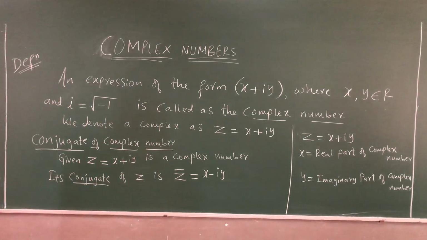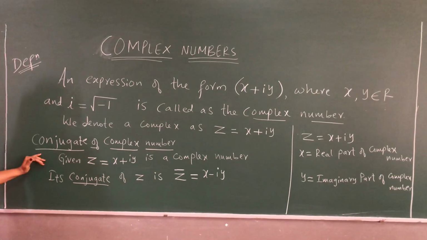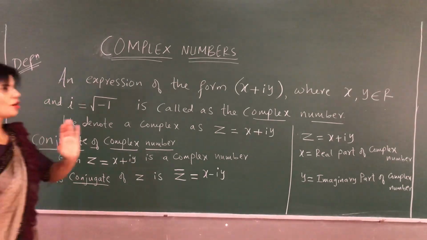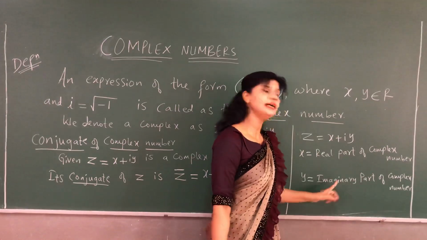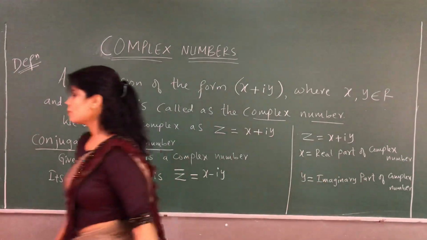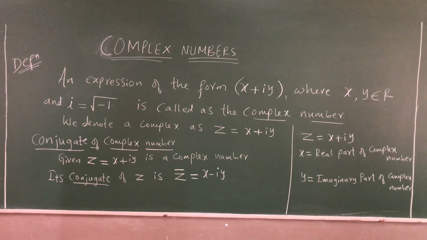Okay students, this is all about how to define a complex number and how to get the conjugate of a complex number. A complex number is comprised of two parts, the real part and the imaginary part. So let us move on to the properties of complex numbers now.